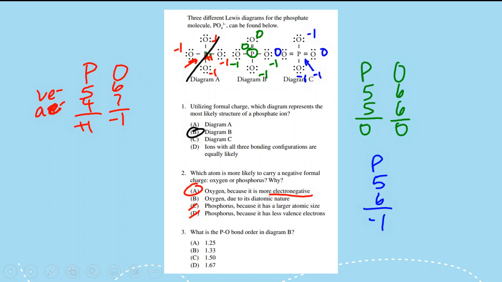Ooh, that's a good one, because B and C both have resonance. So remember, those double bonds could be over any of them, so it's kind of like equally distributed. So if we have four bonded atoms, but 5 bonds, what's the bond order?